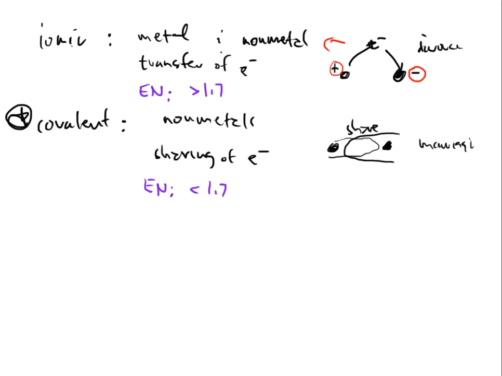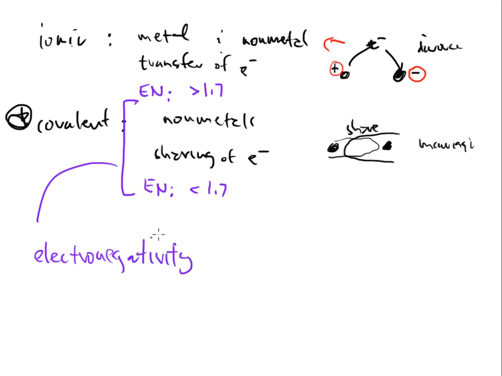Now, what about the En value? Okay, what is this thing? What is En? Well, En is going to stand for electronegativity. That is why I abbreviate it En. Who wants to write out that word all the time? So En means electronegativity. How can I define this?